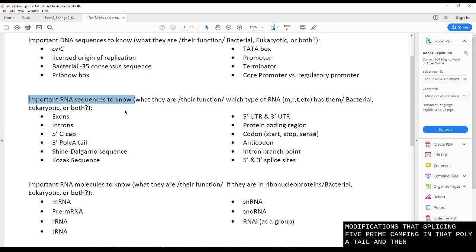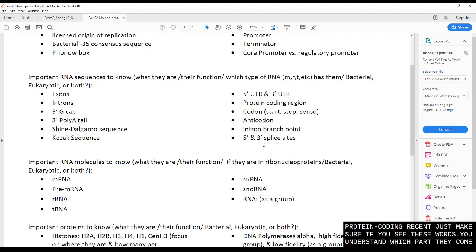And then if they are just in transcription, that's where we have the UTRs on each side, 5' and 3' UTRs, and the +1 start site, which isn't mentioned on this list. Then for translation, we have the Shine-Dalgarno and Kozak sequences that help tell us where we start. We have codons and anticodons, the protein coding region. Just make sure if you see these words, you understand which part they come from.